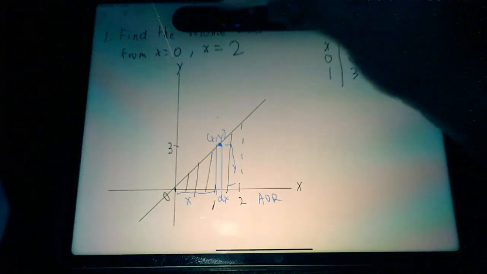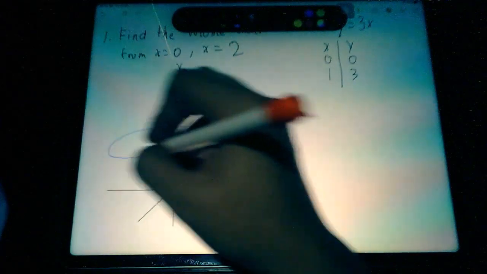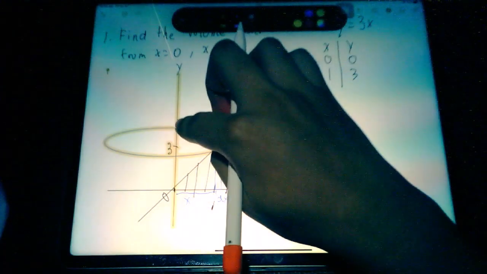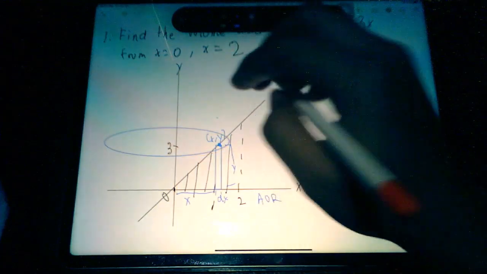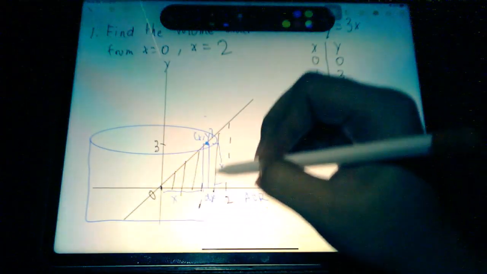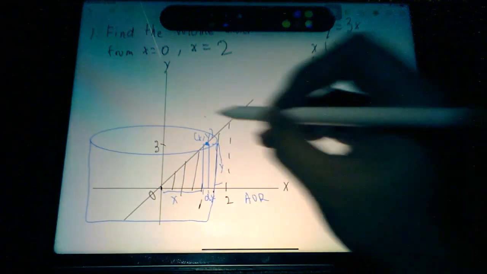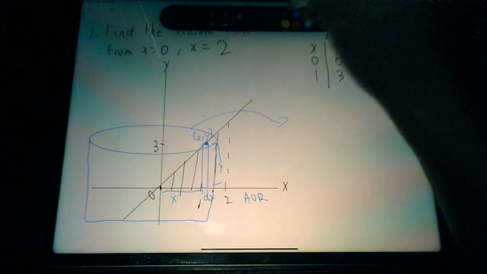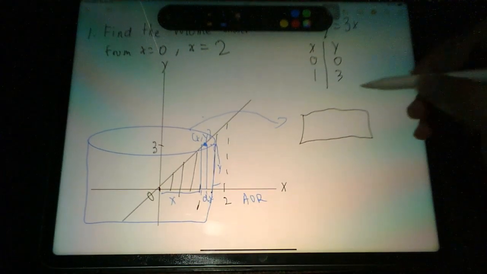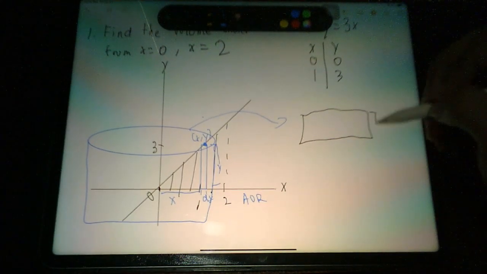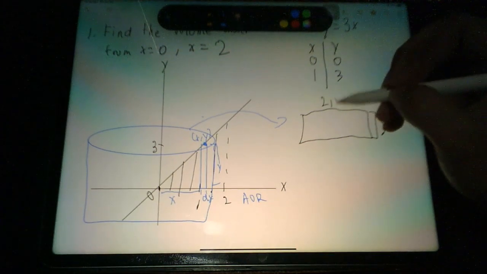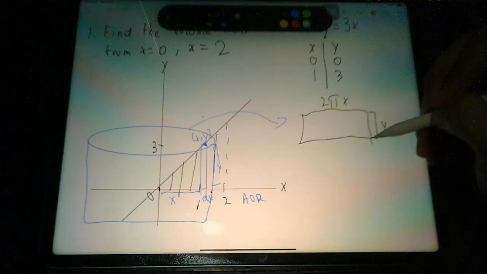Now let me erase that. This is our circle, and let's move this. I think that's good. And this is our cylindrical tin can. So we take this out and we solve its differential volume. Remember earlier, the height here is just equal to y, the circumference of the cylindrical tin can is just equal to 2 pi x, and the thickness here is dx.